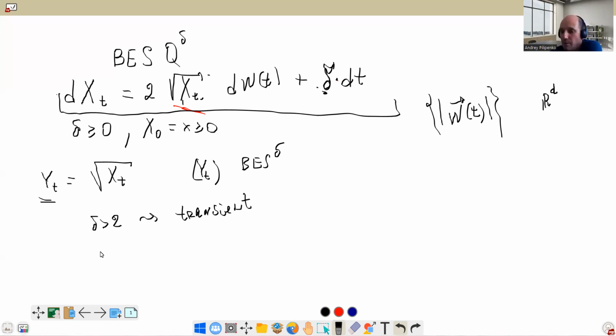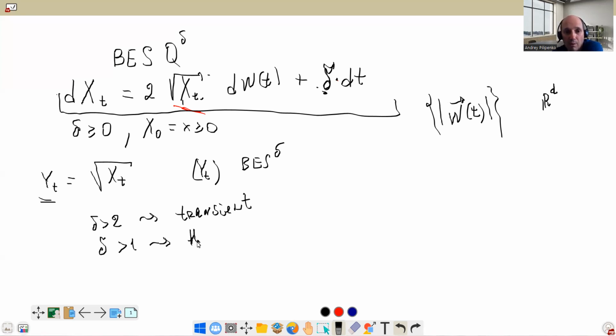If delta is greater than 1, then the process y and x never hit 0 if the initial starting point is positive.